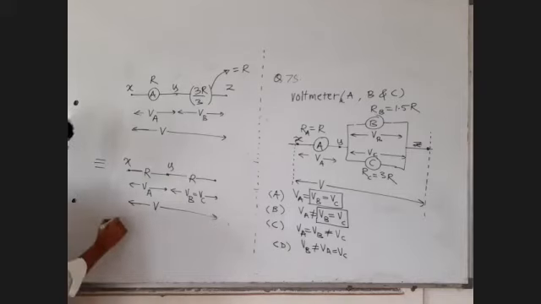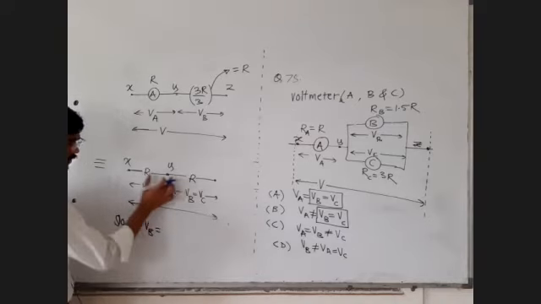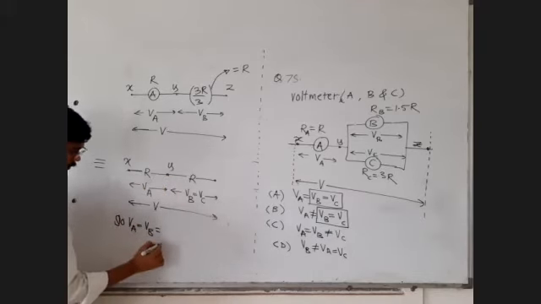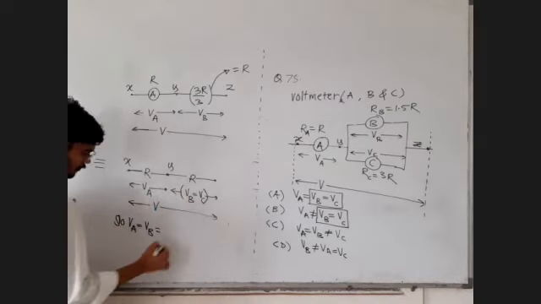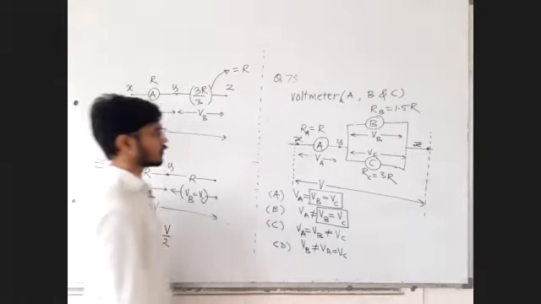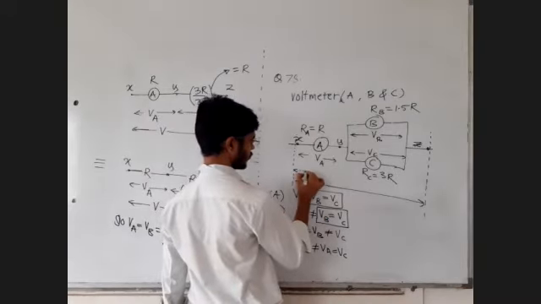So can I say VA equal to VB? Both are equal, R and R, so their voltages will also be equal. VA equal to VB. Which will be equal to what? Which will be equal to total V by 2. So in short, in the final diagram you can write, let me write it.